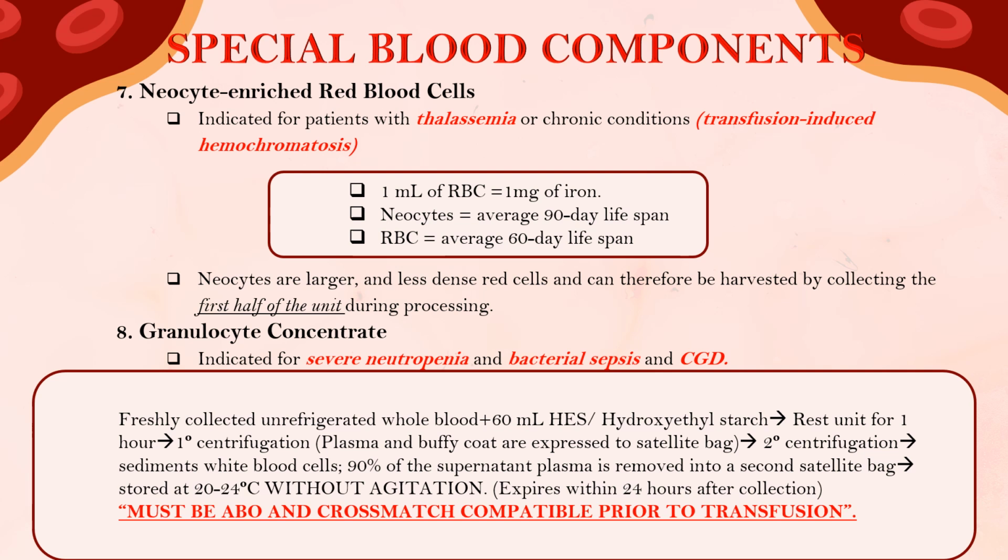This unit will expire 24 hours after the collection process. And take note that transfusion of your granulocyte concentrate may proceed if the blood component unit and the recipient's blood are compatible. So it needs compatibility testing first before transfusion.